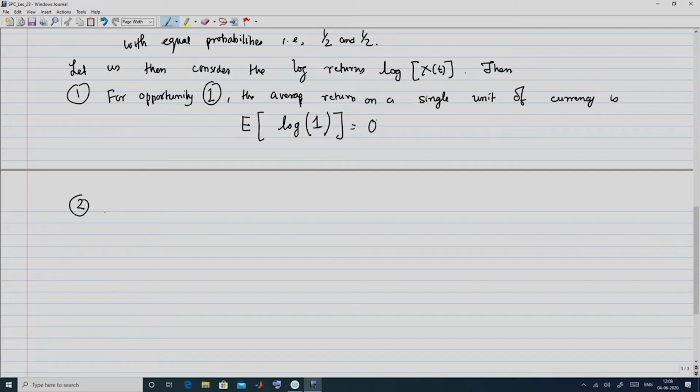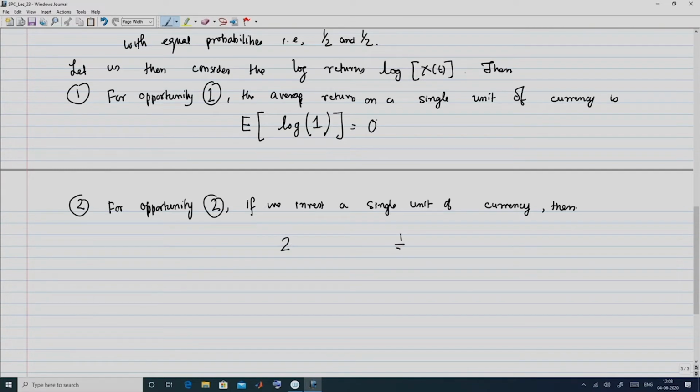Okay, now let us look at what happens for opportunity 2. In case of opportunity 2, if we invest a single unit of currency, then what is going to happen? Either the wealth becomes 2 or the wealth level becomes half. So, its utility is going to be log of 2 and log of half, and each has the probability of half.